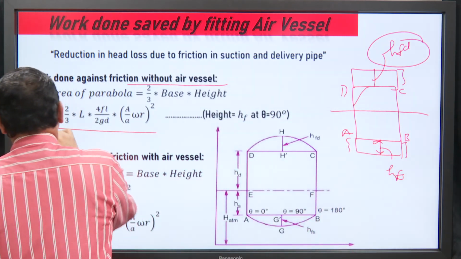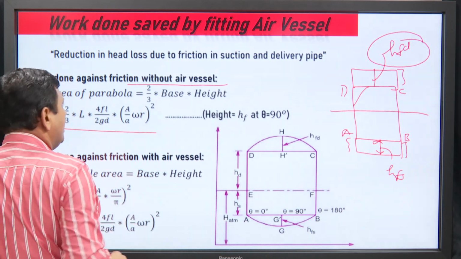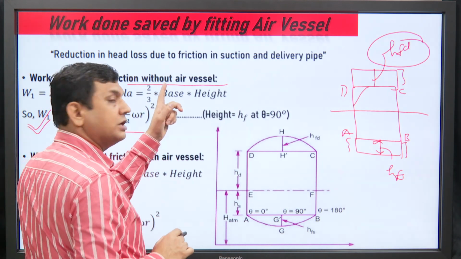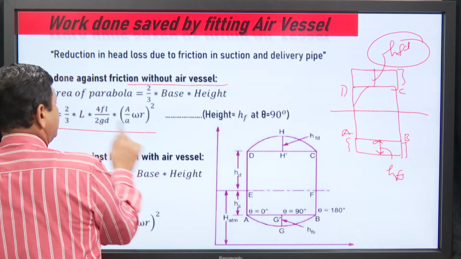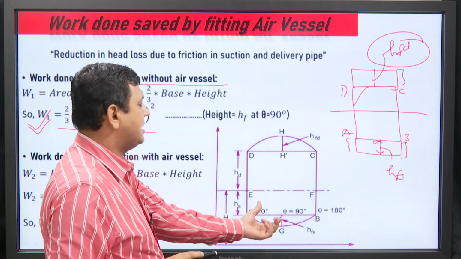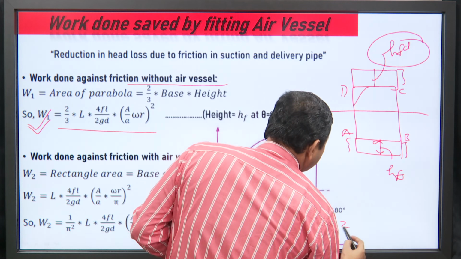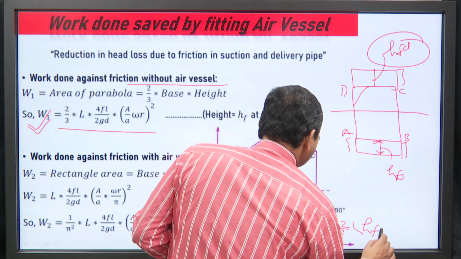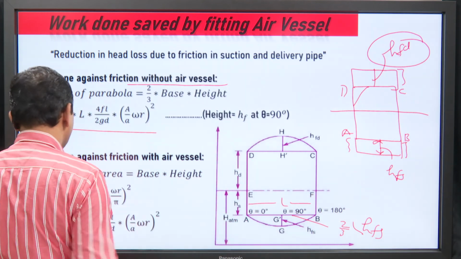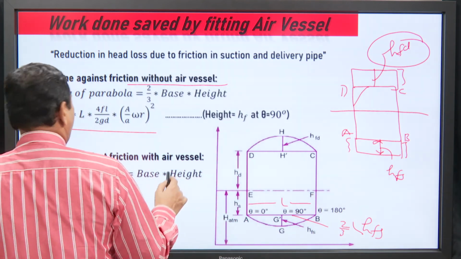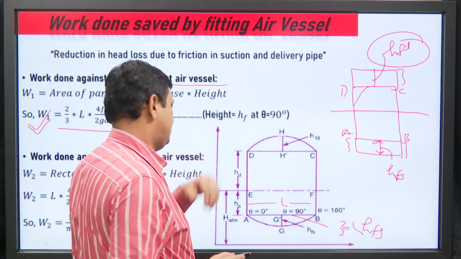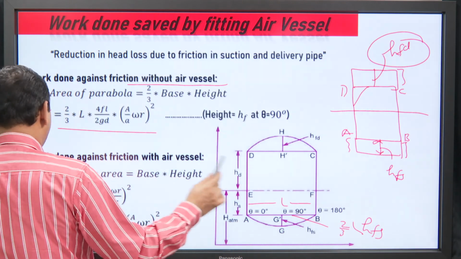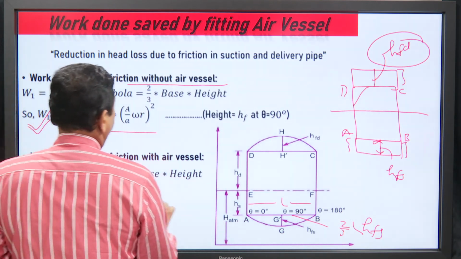So, all the time we calculate the work done without air vessel. We know the area of a parabola is 2 by 3 times the length, L into HFS or HFD. Similarly, if we use an air vessel, this becomes a rectangle, and rectangle area is base into height.